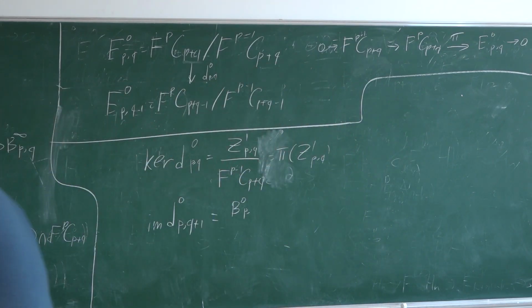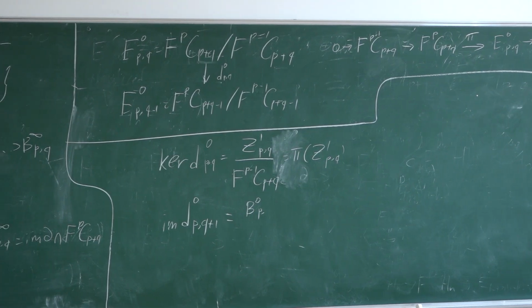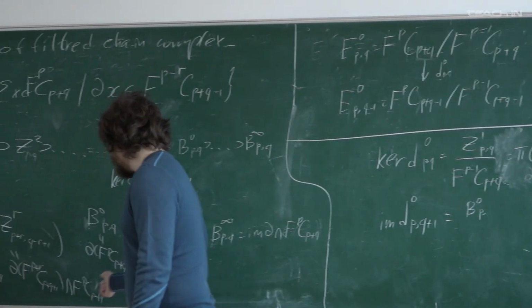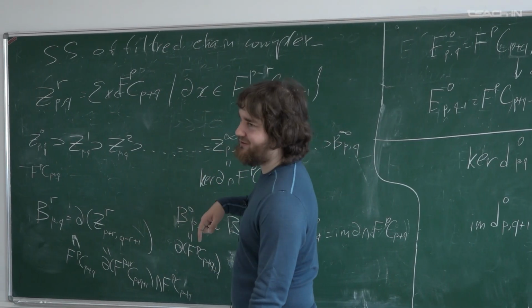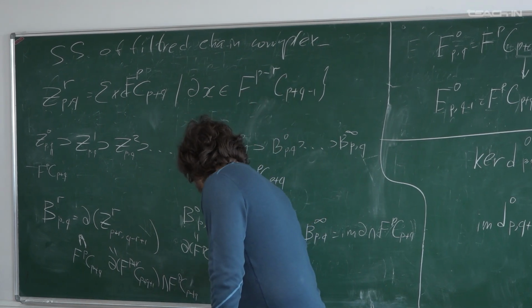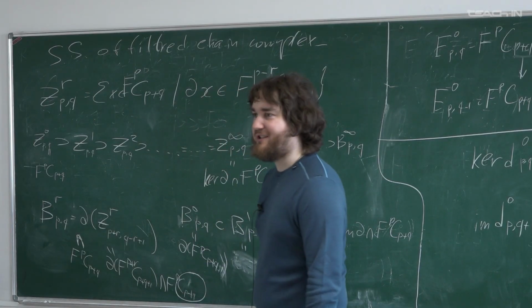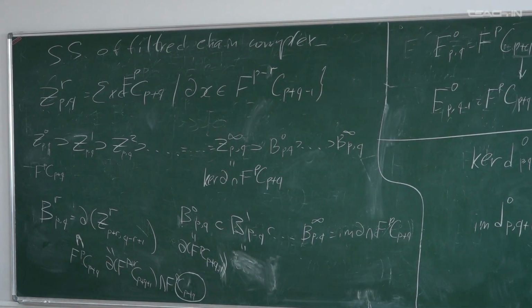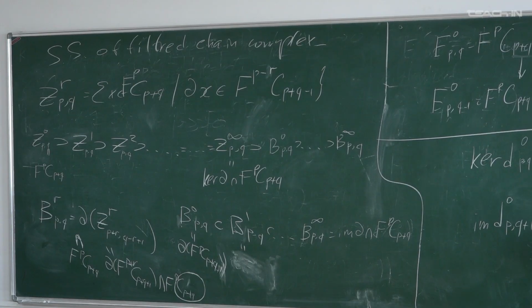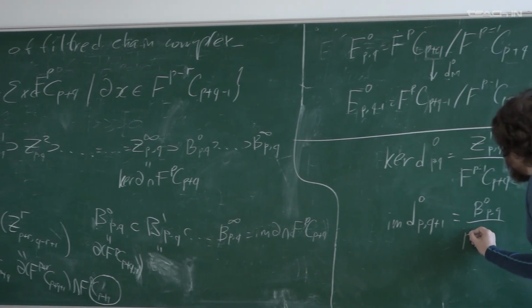Sorry, P plus 1 here, because I want this module to be contained in Fp in degree P+Q. So it's boundaries of degree P+Q+1, okay? Because I want to live in degree P+Q. Then this is by definition modulo the same thing.